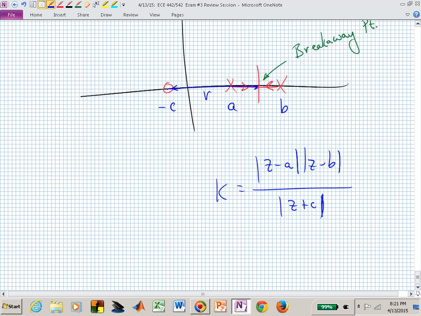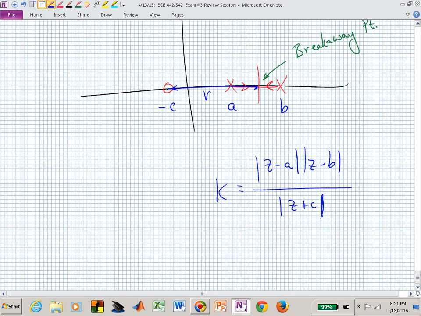And you could iterate that between Z equal A and Z equal B, number crunch, and find your K value, and where it reaches a relative maximum, that's where you're breaking away. You could numerically do that for a few values of Z between A and B. And that's how you could compute your breakaway.